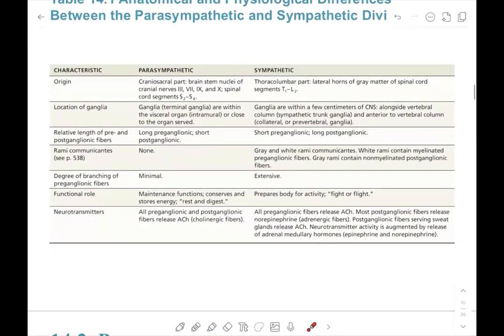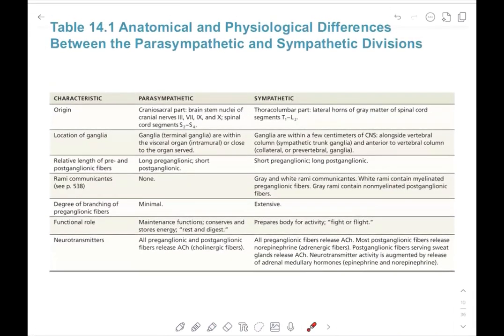So our next slide shows some comparisons here between the two. The rami communicantes row you can ignore. You're not responsible for that. But we have the origin here, craniosacral versus thoracolumbar. And some of the important cranial nerves are, remember, 3, 7, 9, and 10.